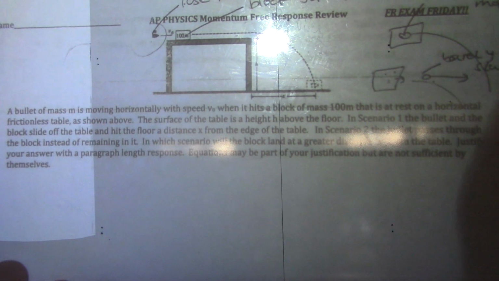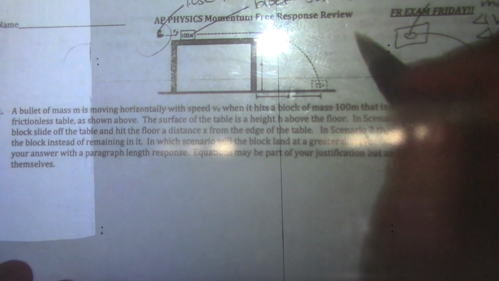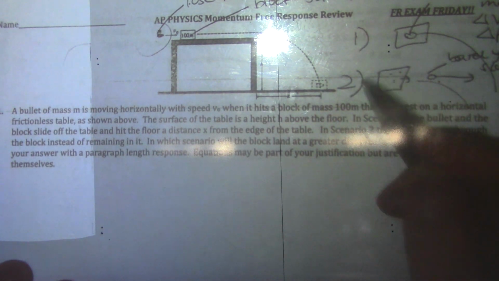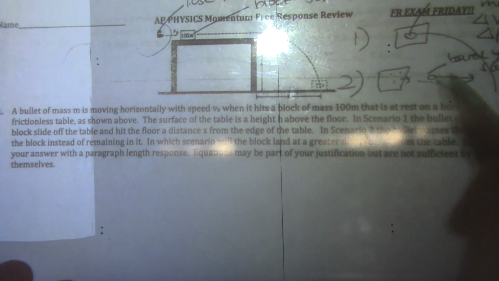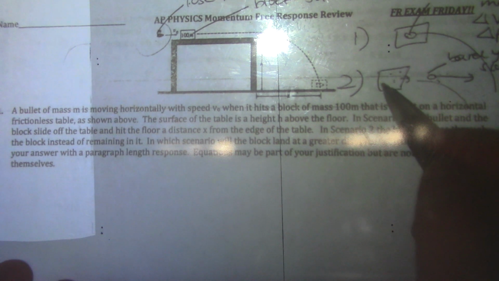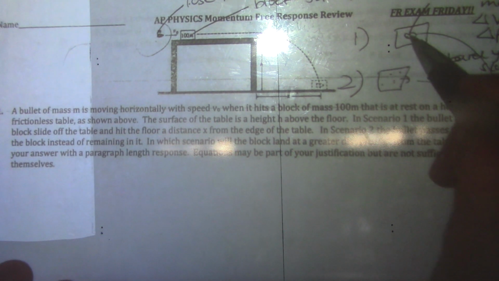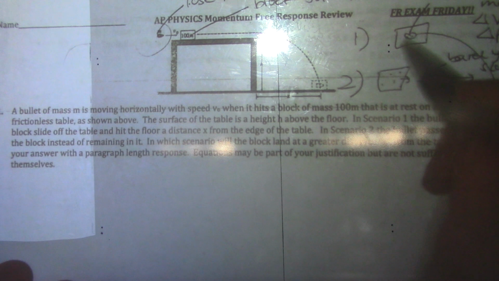The one that slows down the most has the greatest change in velocity. Greater change of velocity means greater change of momentum. If this bullet is losing more momentum, that means this block gains more momentum. In scenario 2, the bullet doesn't lose very much momentum, so the block doesn't gain very much momentum. Here, the bullet loses a lot, which means the block gains a lot.